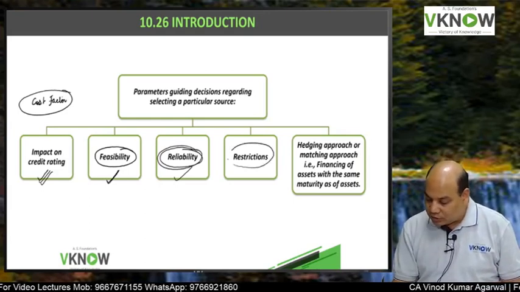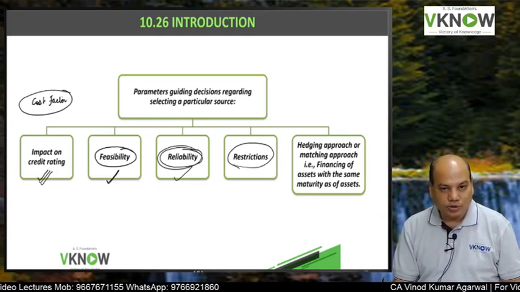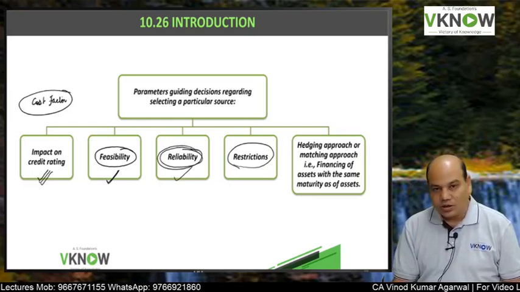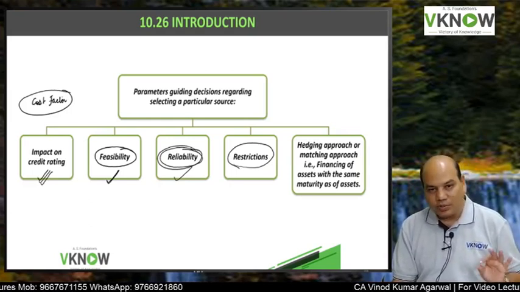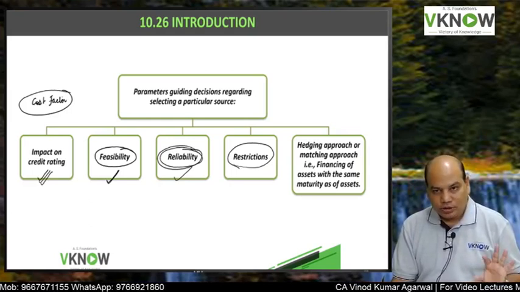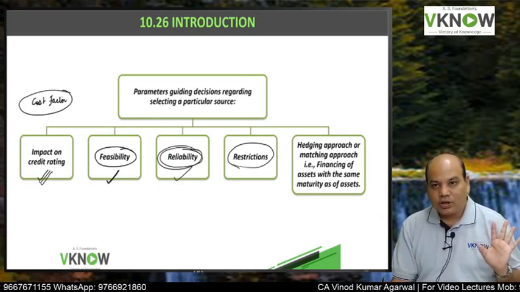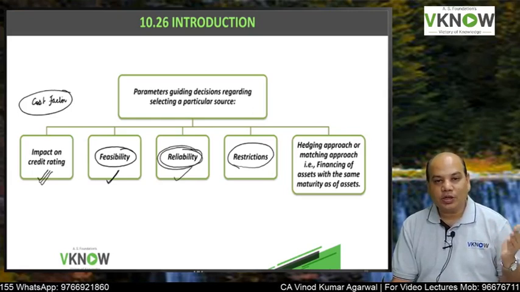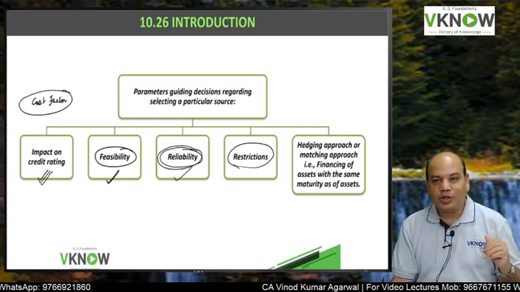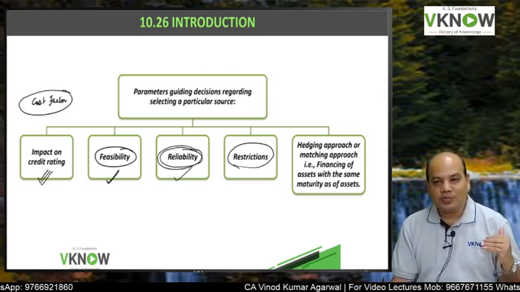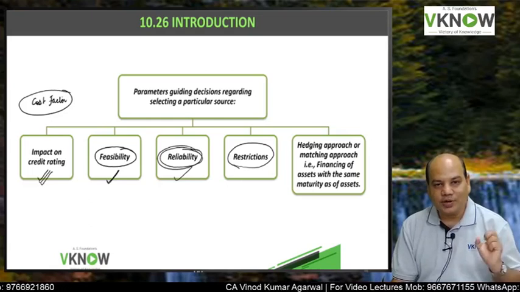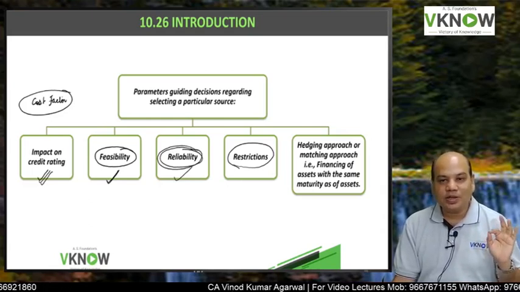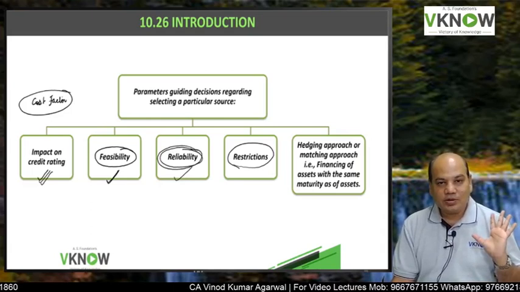Then what are the restrictions the other party can impose upon you? As we discussed in earlier chapters also, when you take a bank loan, they put restrictions. Company cannot pay dividend, or company cannot pay dividend more than 10%. Company will not go into mergers and acquisitions. Company will submit the stock statement every month. Company will submit the debtor statement every month.